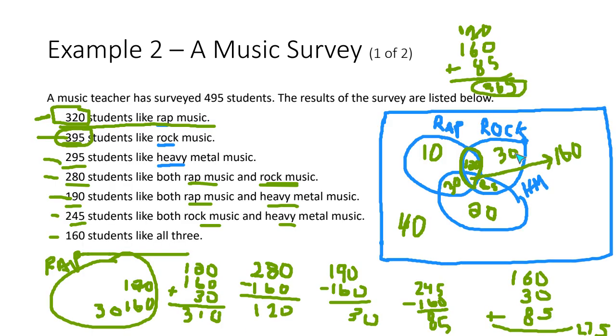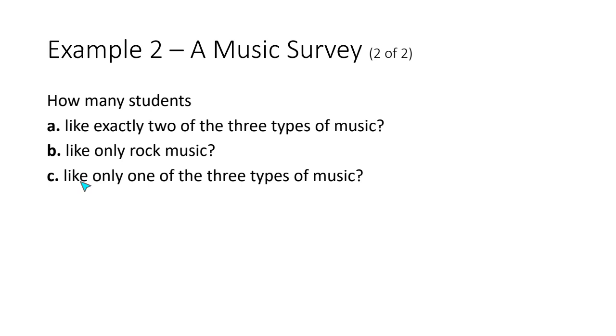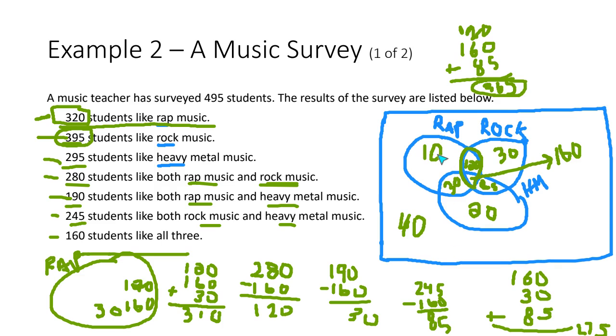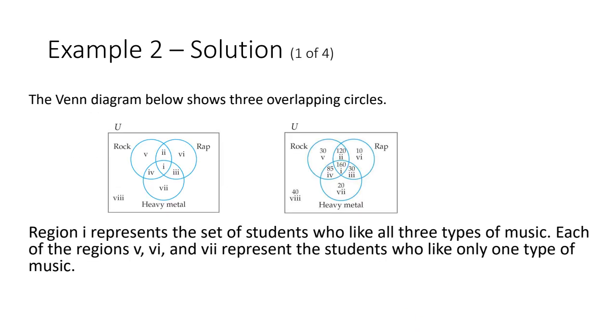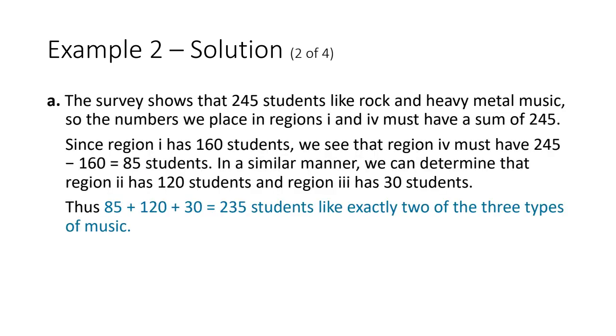Only like rock music would be the 30. And like only one of the 3 types of music, we did that one earlier as well. So only one would be the 10, the 30, and the 20. So 60 people.